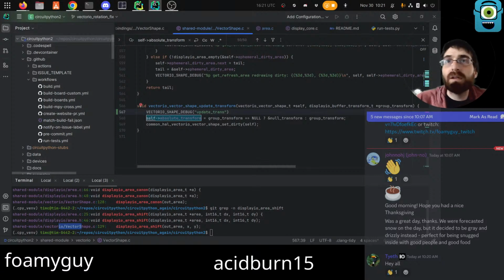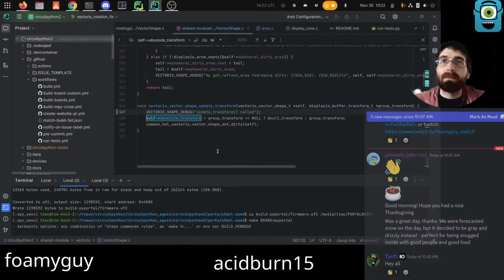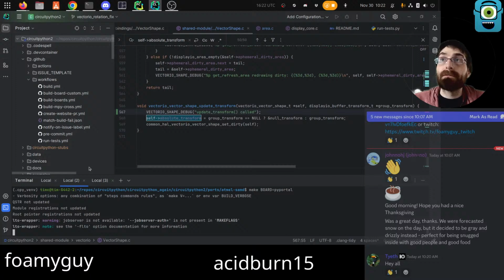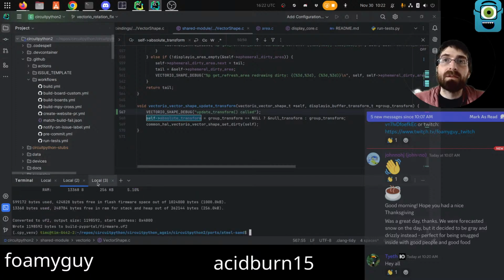Update transform called. Yes, this gets called, right?